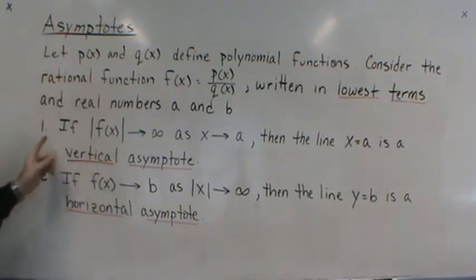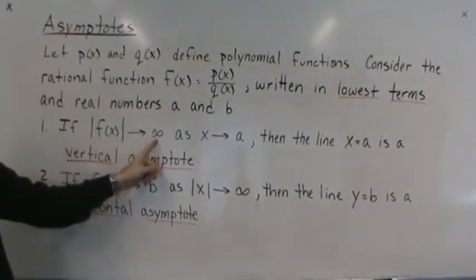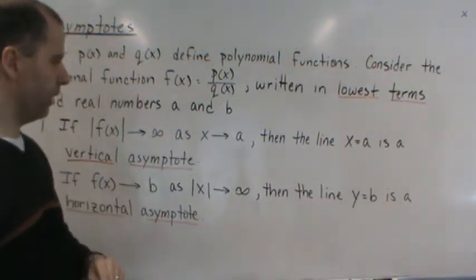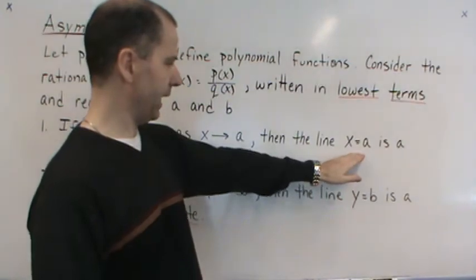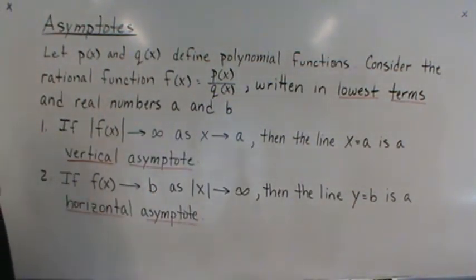Number one says if the absolute value of the function approaches infinity as x approaches some value a, then we know that x equals a is going to be a vertical asymptote. We've seen that in both of the cases of the reciprocal functions.